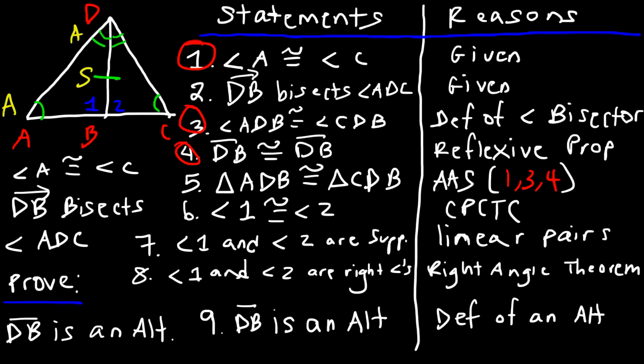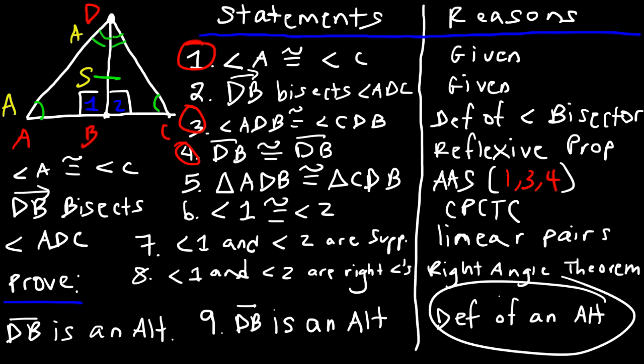Now, if you want to turn it into a sentence, you could say if a segment from a vertex of a triangle, so D is the vertex, if that segment is perpendicular to the opposite side, which it is, these form right angles, then it is an altitude of the triangle. And so you can write that as a sentence in place of definition of an altitude. And so that's it for the 2-column proofs.